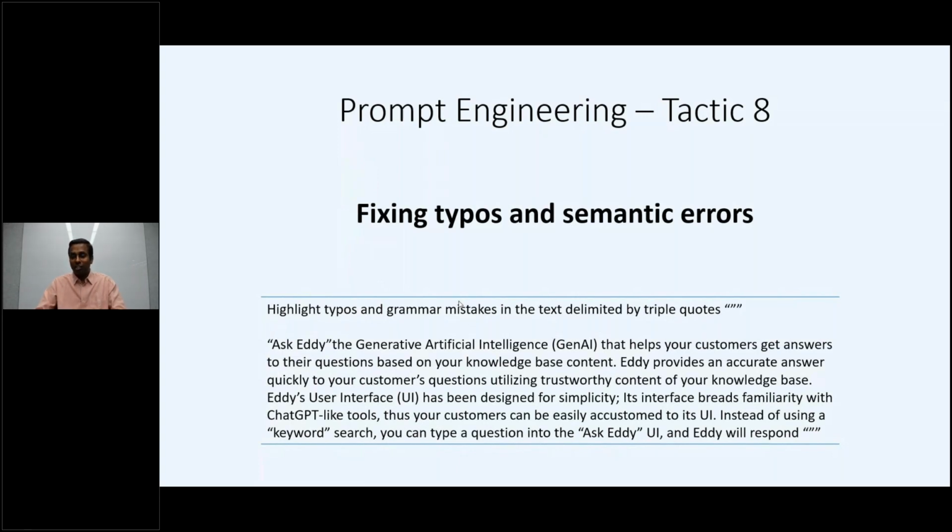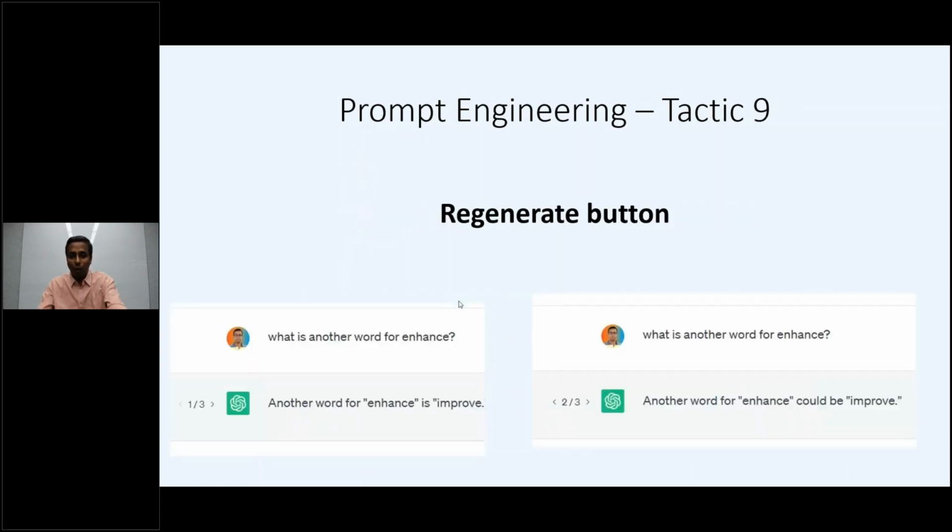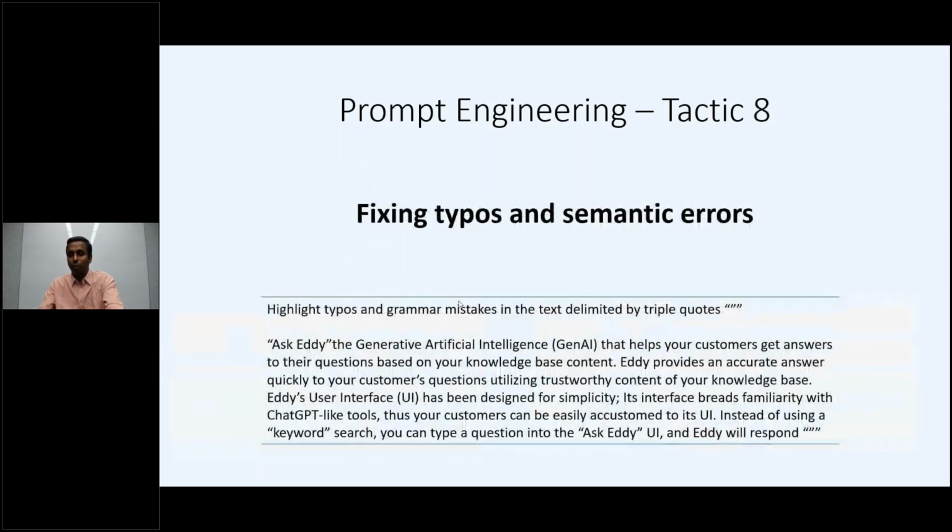So Grammarly actually suggests, but if I want to see it to believe it, I usually use this prompt. Hey, highlight the typos and grammar mistakes in the text delimited by triple quotes. And then I give a bit of content, and it's able to highlight, okay, the areas where there are a lot of typos and semantic errors.